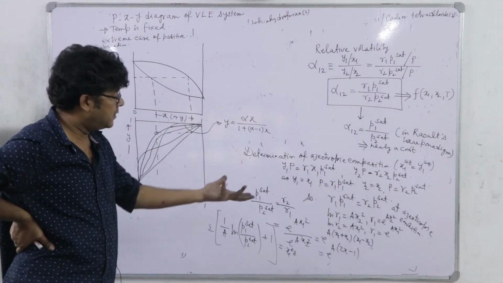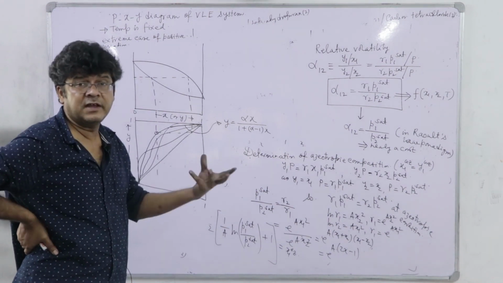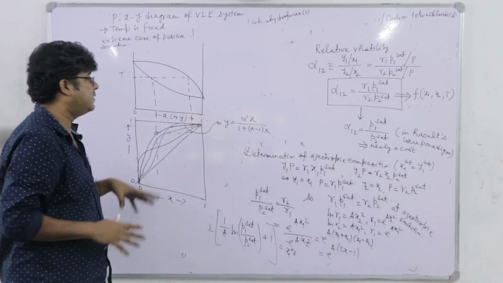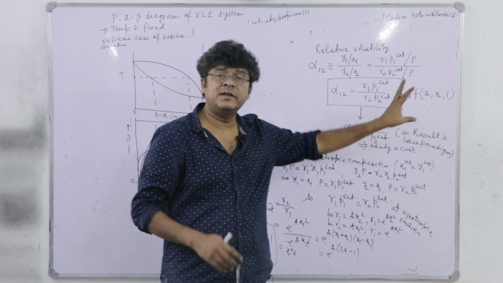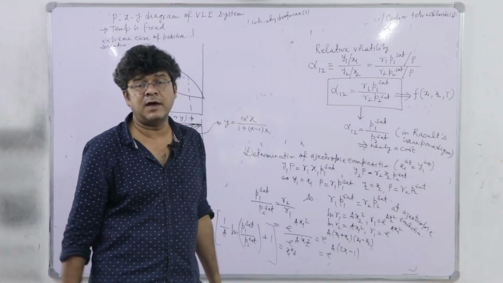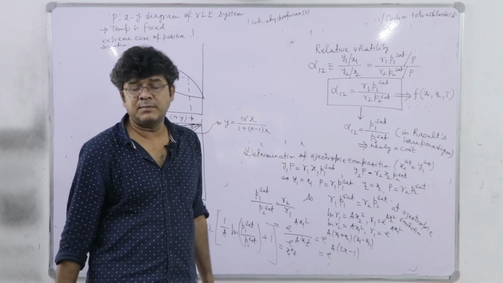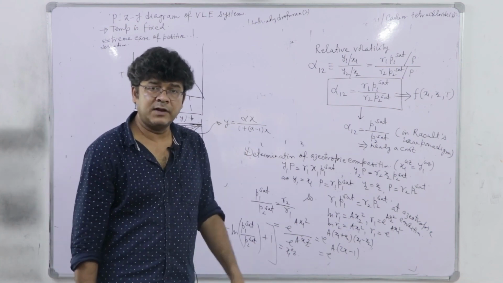It may not be the two-suffix Margules model, it may be the Wilson equation, it may be NRTL, where the nature of the curve is too complicated. But if it is an ideal system, then alpha 12 is nearly constant, and we will have a relation y is equal to alpha x divided by 1 plus alpha minus 1 into x, which is purely a convex type of relation.